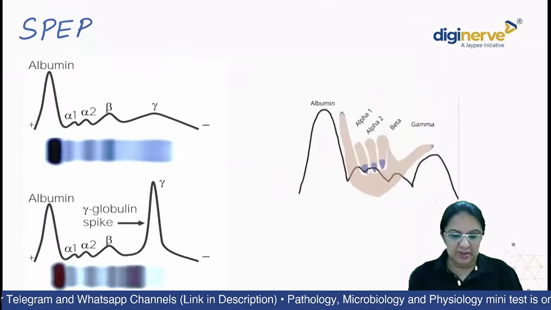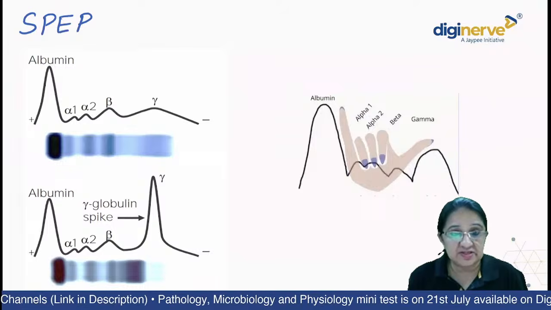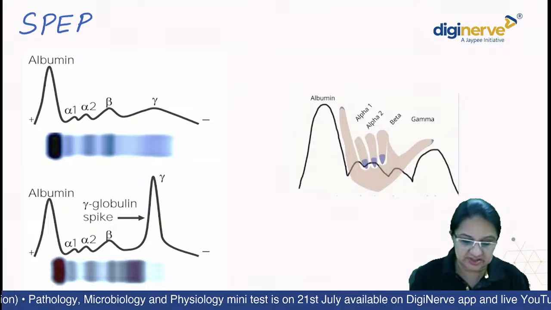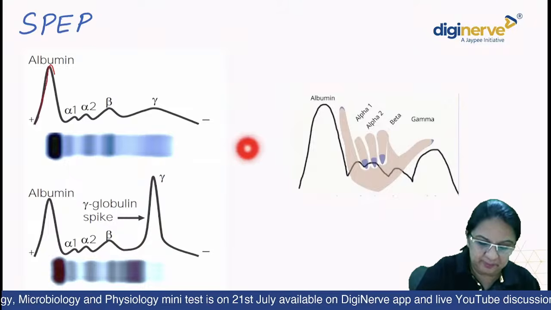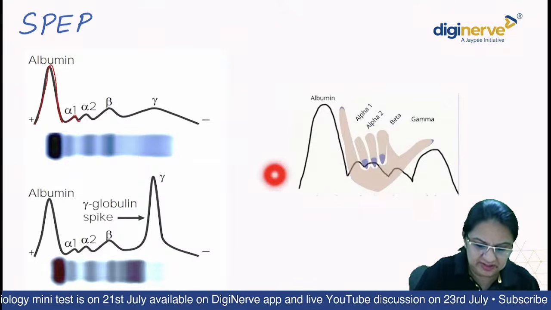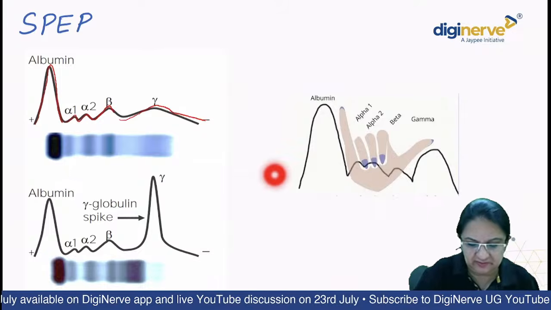Now, serum protein electrophoresis, very important. How is the normal electrophoresis demonstrated? What is the normal electrophoresis graph here? You get an albumin peak, then there's a small alpha 1, alpha 2, beta, and there is flattening of the graph, that is gamma.